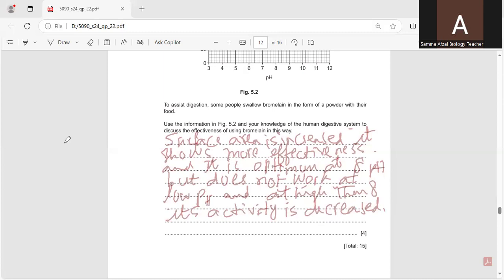And sometimes bromelain causes problems because in the stomach the pH is 2 because of HCl. So its effectiveness will be decreased. It can cause problems.